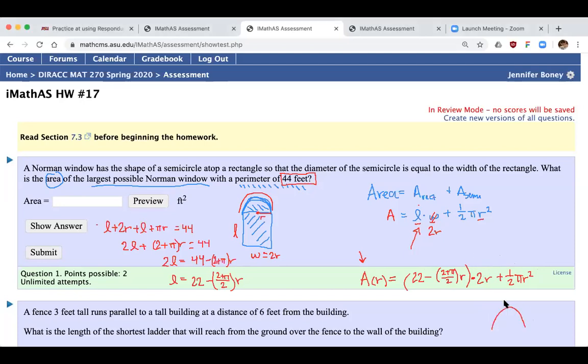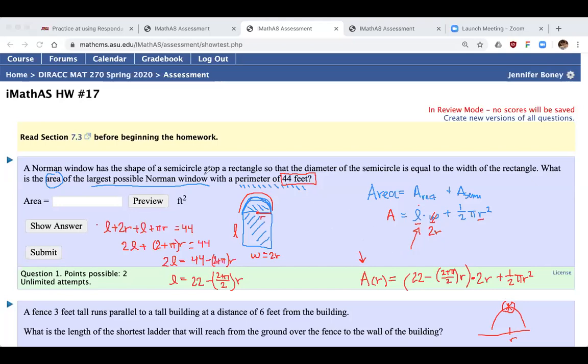I don't know exactly where its vertex is, but there is going to be a maximum to it since it's a downward facing quadratic function, a quadratic function with a negative leading coefficient. This is a little messy to see that, but it will have that. So if I find the one critical value that this should have, it's going to happen at the spot we're looking for. It would be r, a special value of r that makes the area as large as possible.